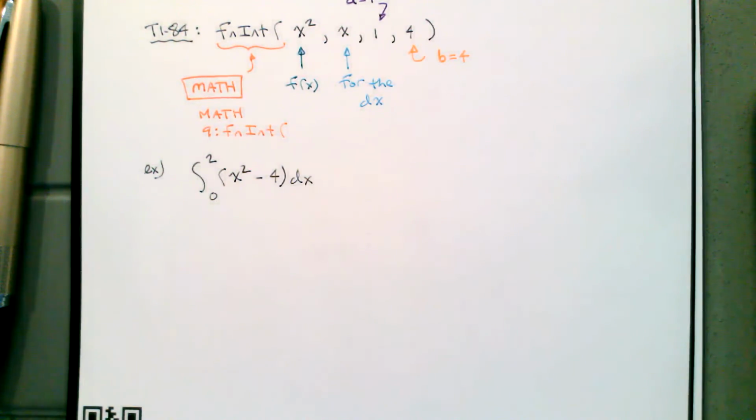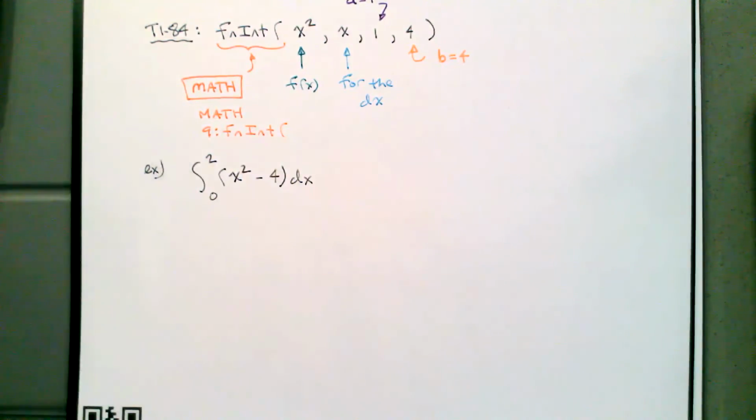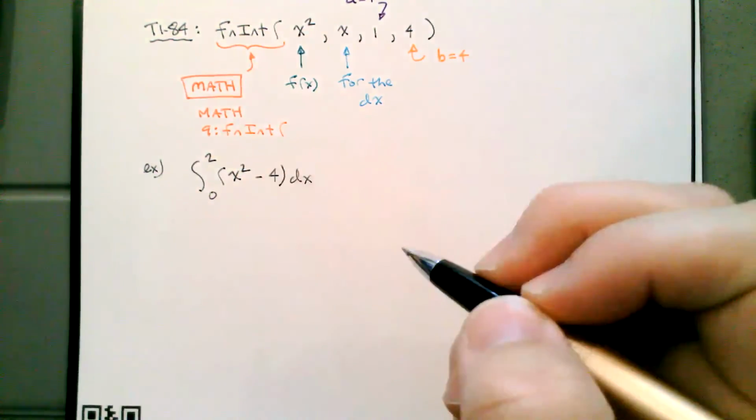Now, this is supposed to tell us the area under x squared minus 4 and above the interval from 0 to 2. However, we might notice something about this function. Let's take a look at what's going on.